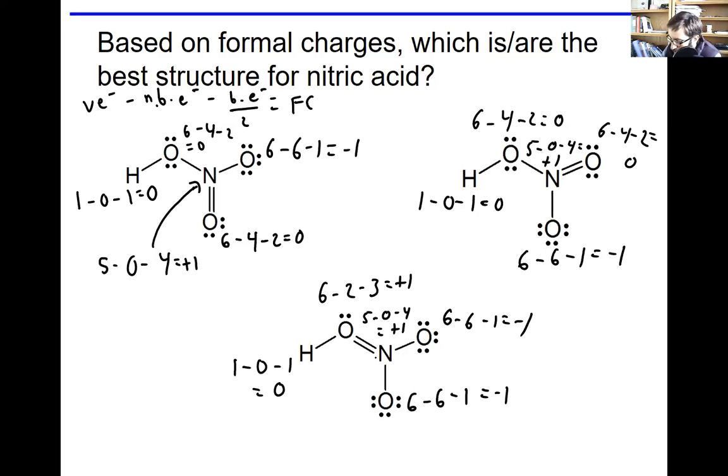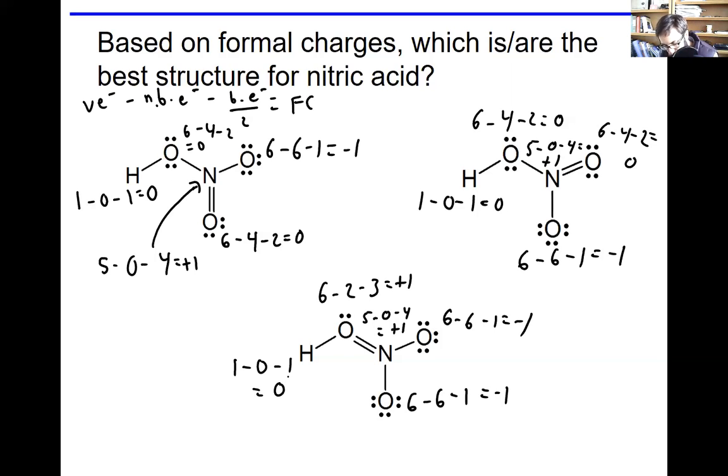Now, which one is best? Well, we want ones that have formal charges closest to zero. That was our first rule. And so here we have 1, 2, 3 zeros. Here we have 1, 2, 3 zeros. Here we only have 1 zero.